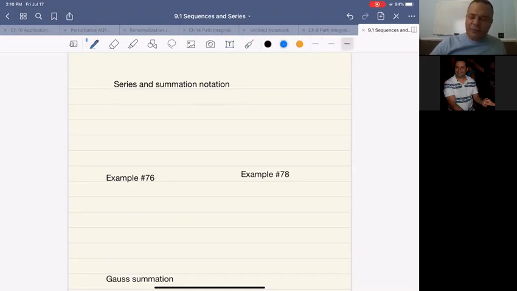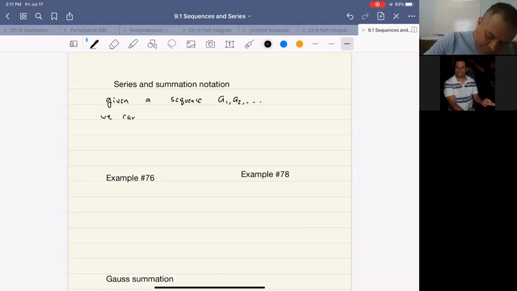Okay, so basically, let's say you have a sequence a1, a2, and so on. We form the series, and the series is basically taken as a sum.